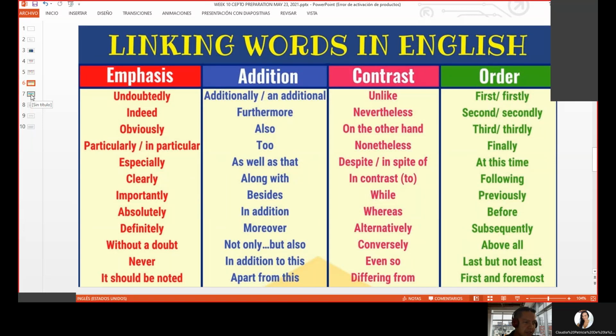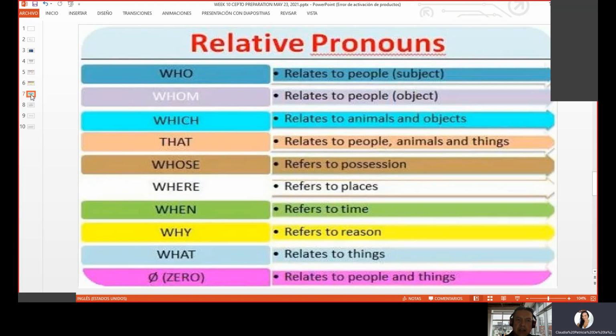The next topic that is evaluated is relative pronouns. Here we have some examples of relative pronouns. The most common relative pronouns are who, that, and which, but there are many more. What is normally taught at English institutes at basic or intermediate levels is who, that, or which.